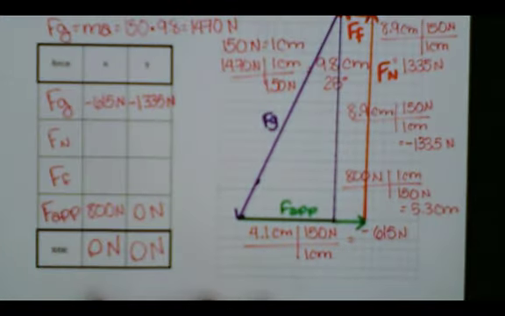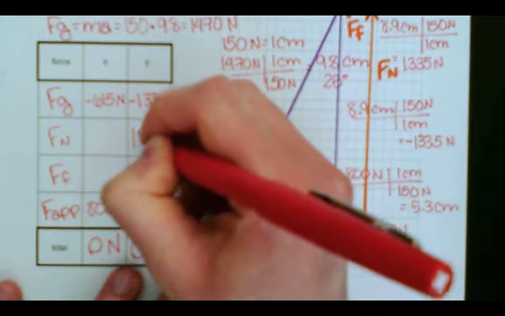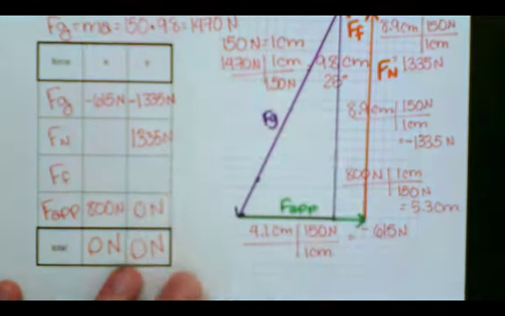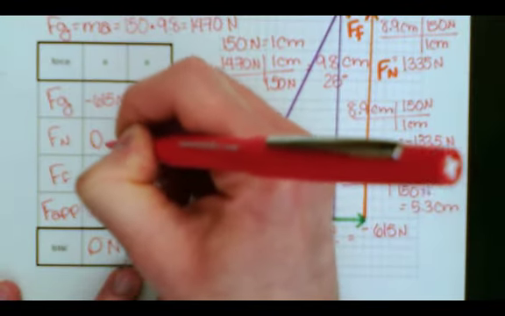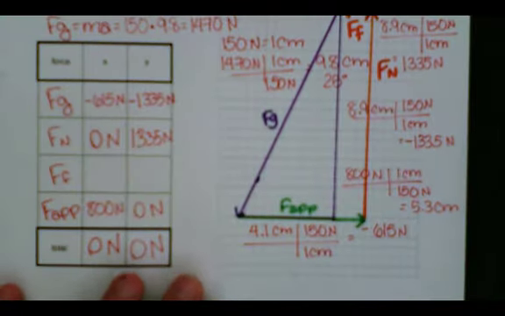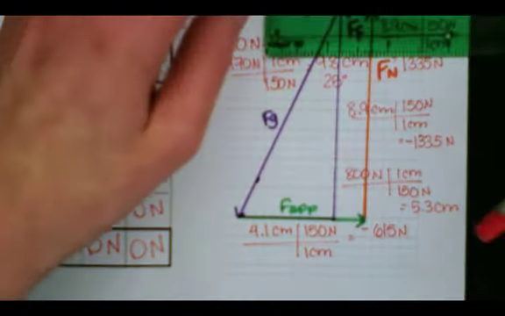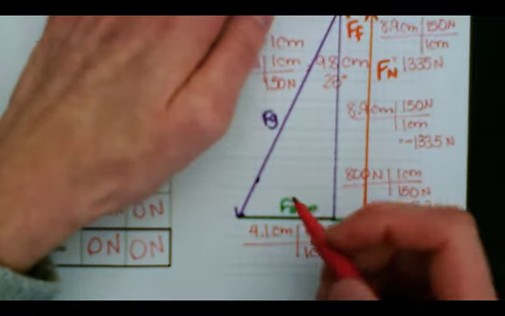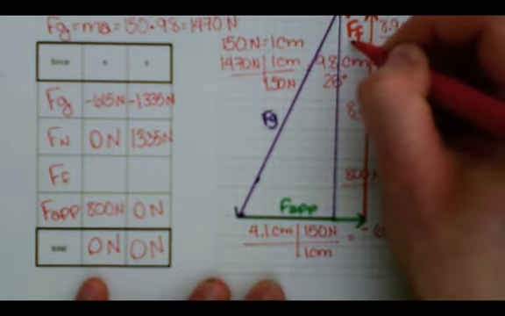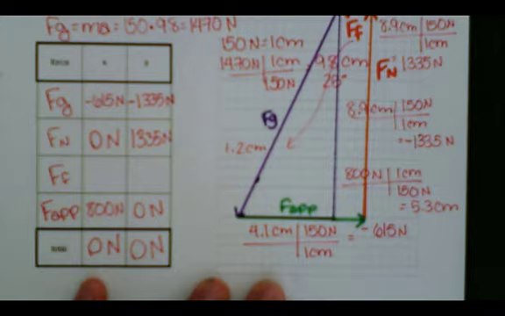Because it acts in the upward direction, my normal force is positive. The y component of my normal force is 1,335 newtons. Because it only acts in the vertical direction, the x component of my normal force is 0 newtons. My frictional force acts in the x direction. I measure my frictional force and determine that the length of my frictional force is 1.2 centimeters.